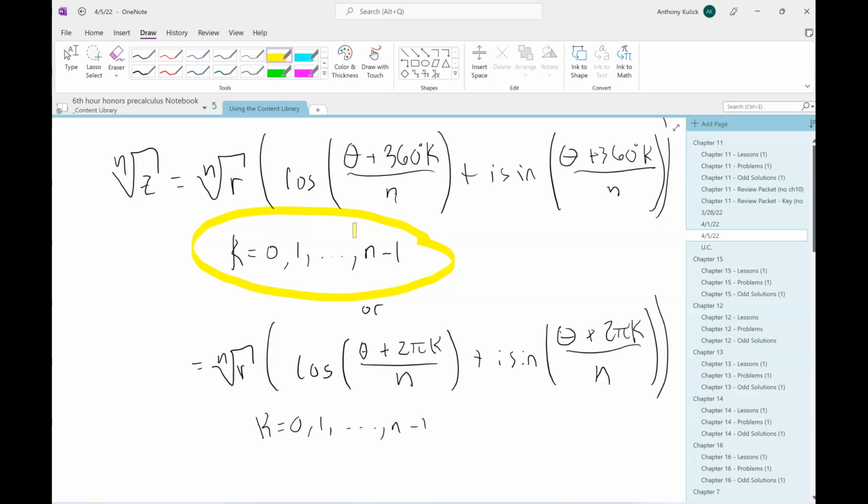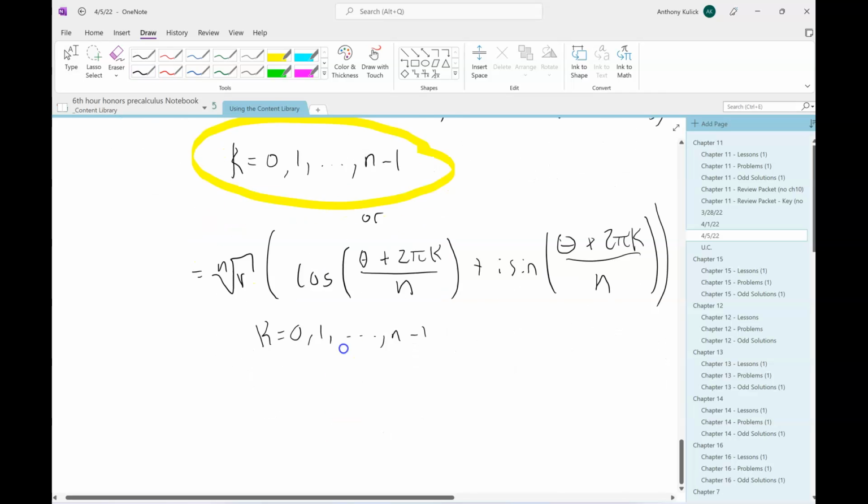So you're counting 0 to 4, there's 5 numbers there, right? Everybody's cool? So there's going to be n answers to this. So if it's a cube root, we're going to have 3 answers. If you have a 10th root, you're going to have 10 answers. Everybody's cool? All right, let's look at a specific example then.